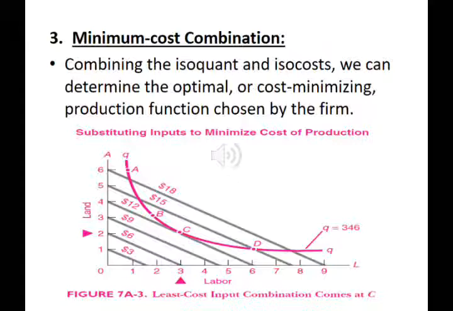Which one should the firm pick? Production function A or B or C or D? This is what we want to help the firm decide on, which production function to use, given that all these production functions will yield the same level of output, which is Q equals 346.